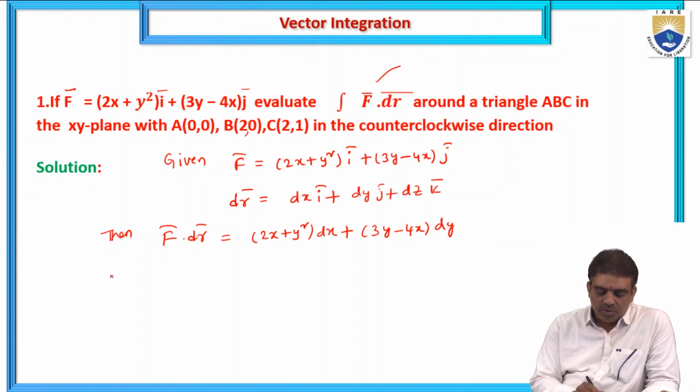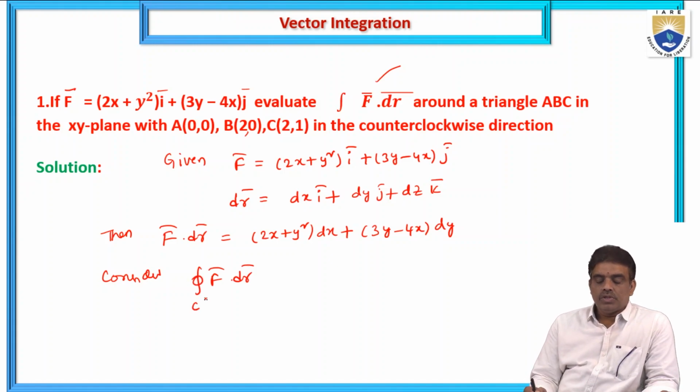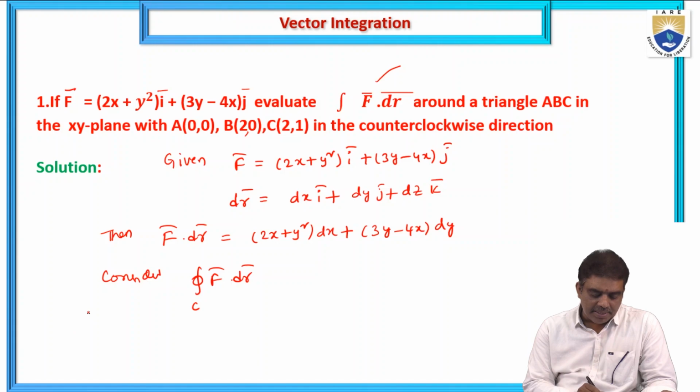Now we have to consider the integration of f bar dot dr bar along the closed curve C. The curve C is the triangle ABC.